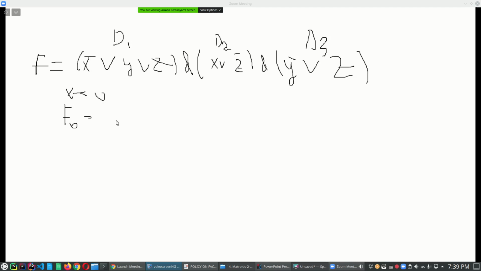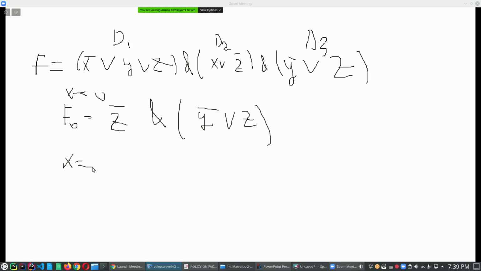This disjunction becomes negation of z, and the third disjunction remains the same, negation of y, disjunction z. This is our formula F0.